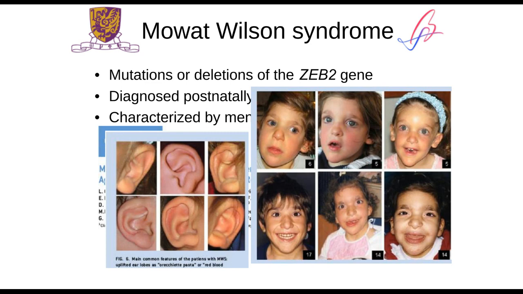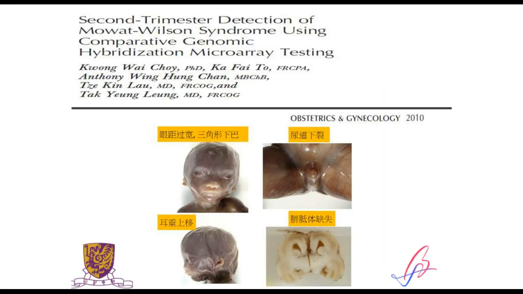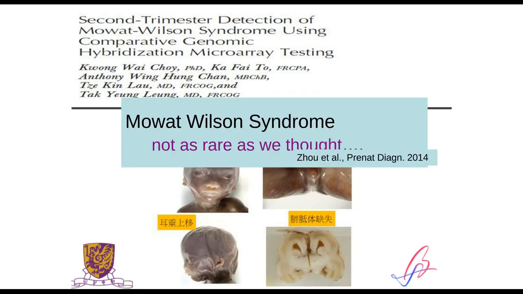With all these clinical findings, we were very confident in our result and informed the patient, who went for termination of pregnancy. We could see the triangular face, uplifted earlobes, agenesis of the corpus callosum, and hypospadias, and this was confirmed as the first prenatal case of Mowat-Wilson syndrome.